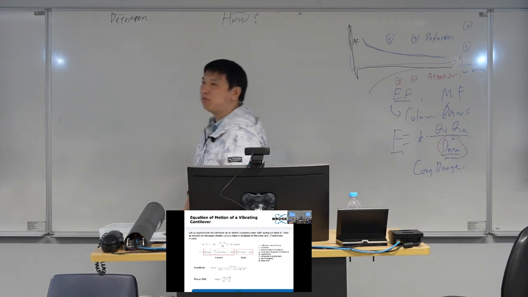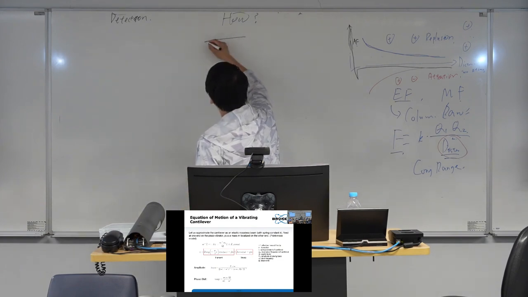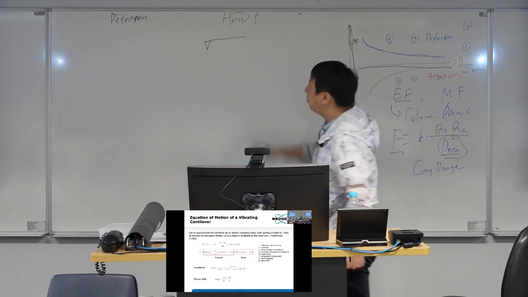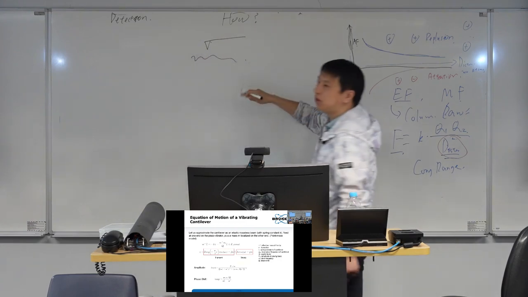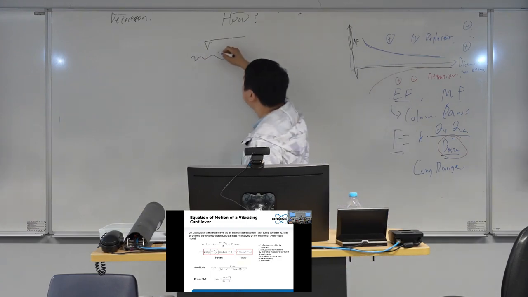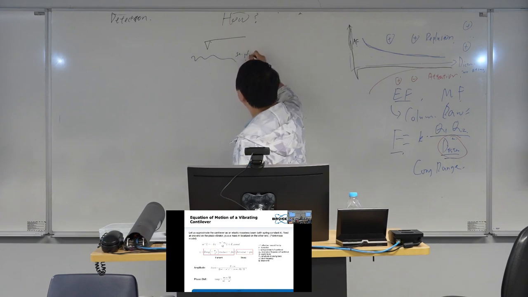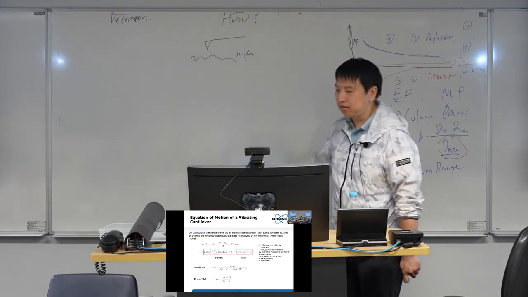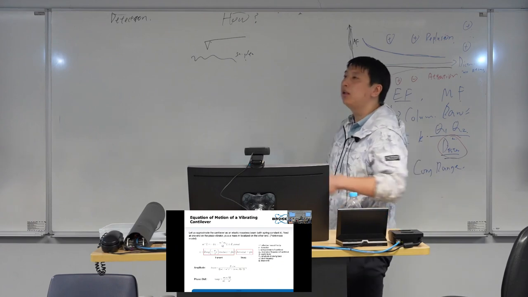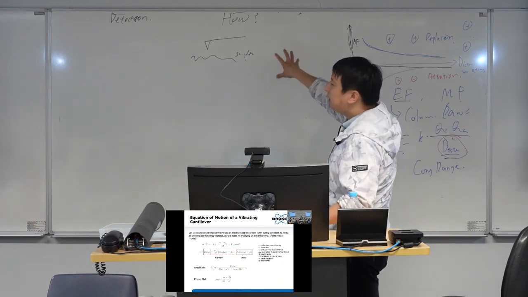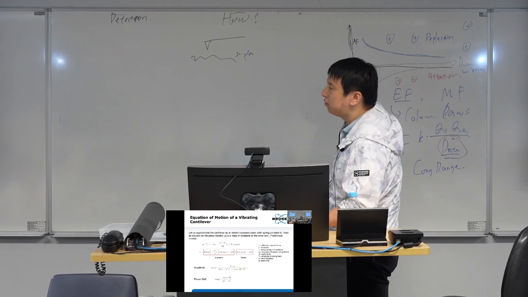So we have a probe, and the probe will have interaction force with the sample. So that's our AFM setup. And then we establish a model first.